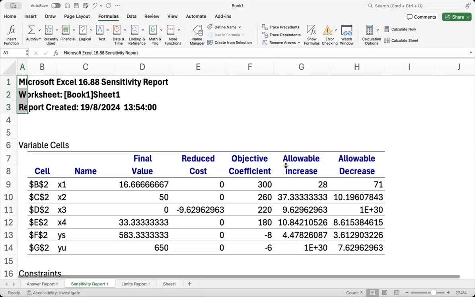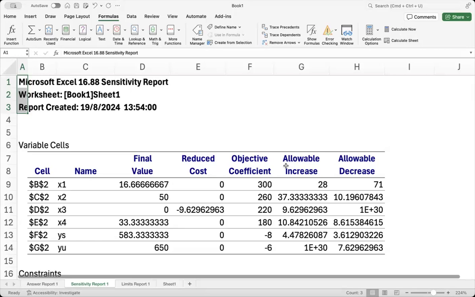And this one is interesting: the objective coefficients 300, 260, 220, 180, minus 8, minus 6. Remember them? They are the coefficients in the objective function.